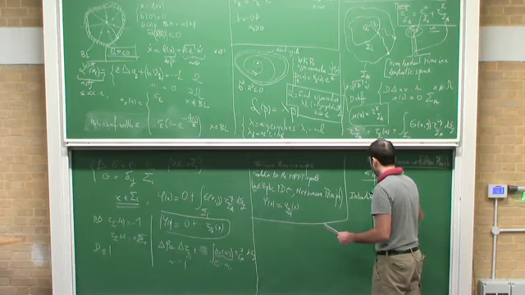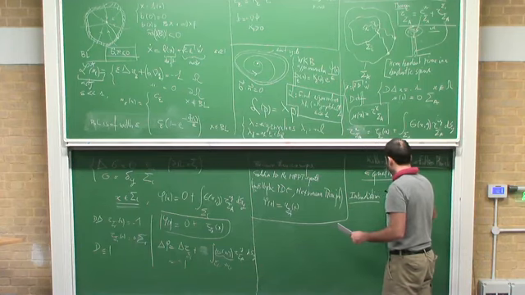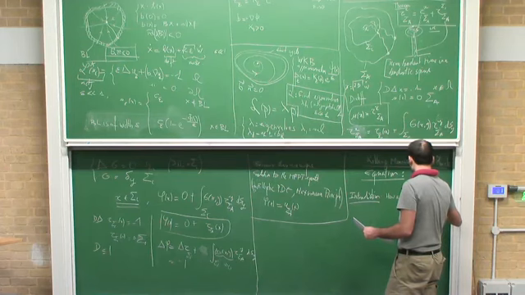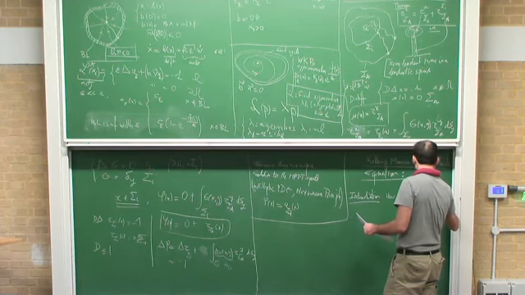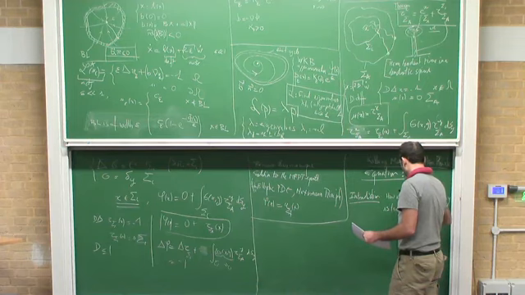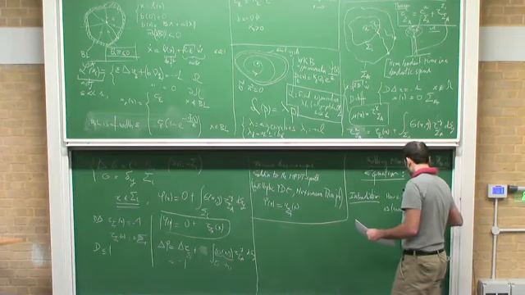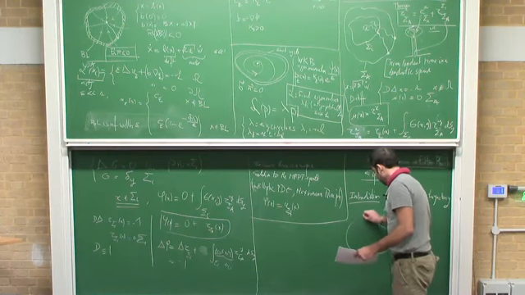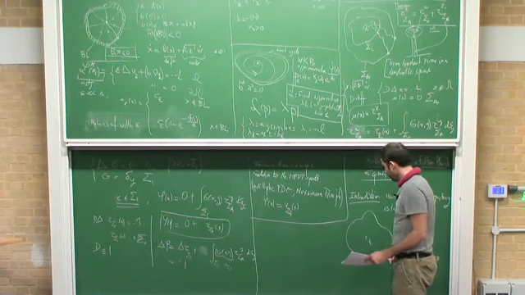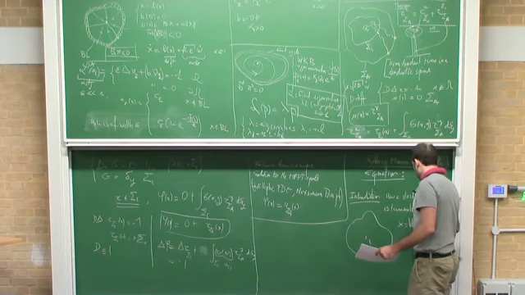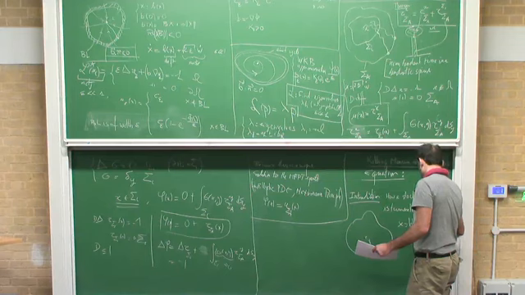How shall a stochastic trajectory be terminated? Suppose you have a domain. You start at point x and you have a stochastic equation, x dot equals b of x plus sigma of x w dot.